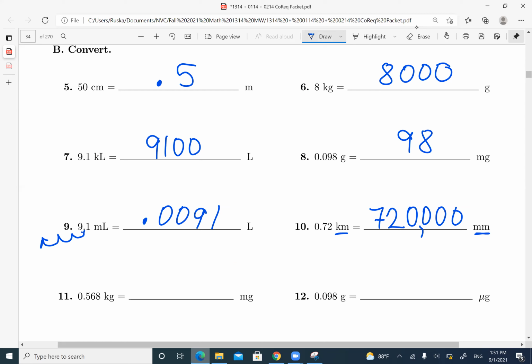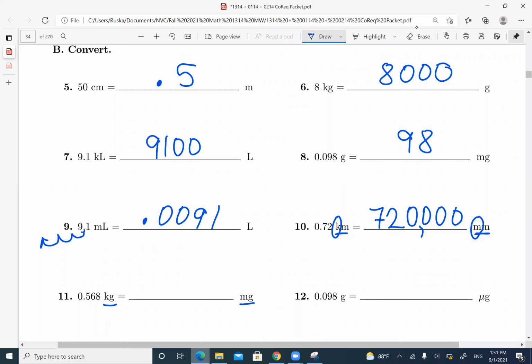Okay? So what you're doing with the metric system, when you do the conversions, you just have to move the decimal to the left or to the right, depends what you're doing. The next one is kilogram to milligram. So it's going to be the same as the previous one. From kilo to milli is the same, but instead of meter, you have grams.